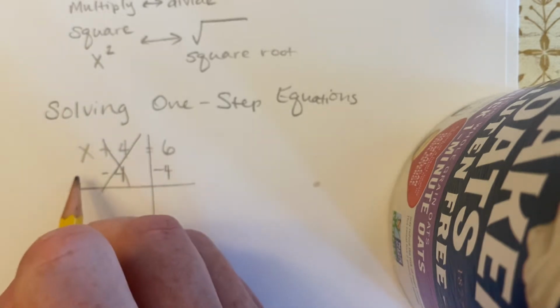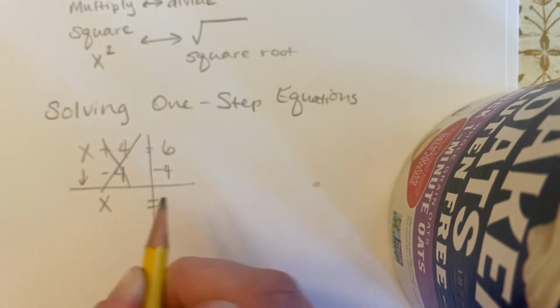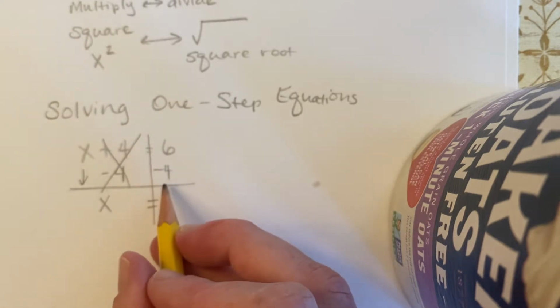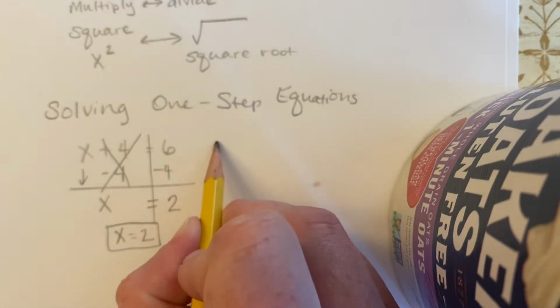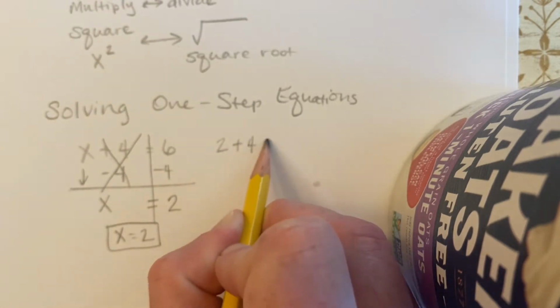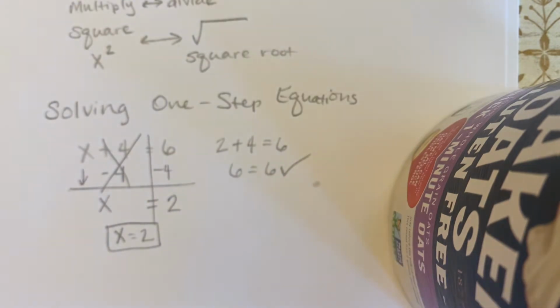Undo one another. I'm going to drop my x, bring it down. I'm going to bring down my equal sign. And now I have 6 minus 4, and that is 2. So at the end of the day, x equals 2. Final answer. Now how do I check that? Well, I could plug it back into the original equation in place of x. And if the math works, my answer's good.